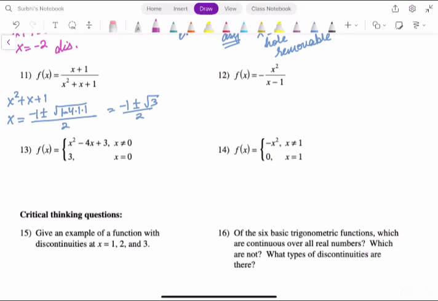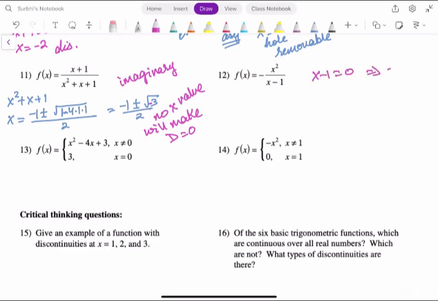So it is negative 3 over 2. That means it has an imaginary component to it. So no x value can make the denominator equal to 0. Right? So it will be continuous everywhere.